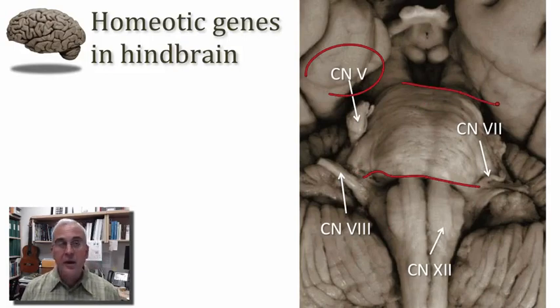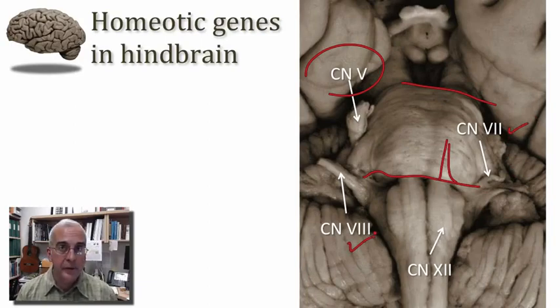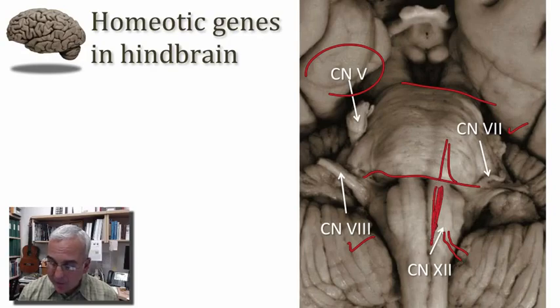And at the junction of the pons and the medulla, we have an abducens nerve, which is not present in this particular specimen, but we see very nicely here our cranial nerve 7, the facial nerve, and certainly a very beautiful vestibular cochlear nerve present, cranial nerve 8, and even just, you can see, I think here, just a few nerve roots of cranial nerve 12 between the medullary pyramids and the olive, which is present out here laterally.